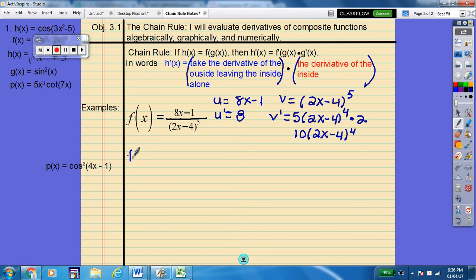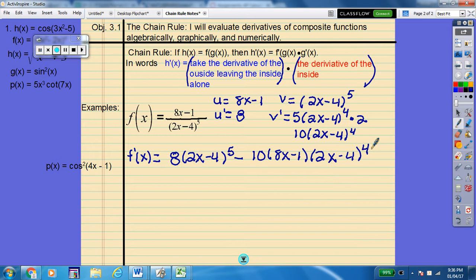So the derivative is going to be 8 times 2x minus 4 to the 5th power, and I'm going to subtract u times v prime. Technically I'll put the 10 first because the order doesn't really matter since it's multiplication. I'll put 10 times the quantity 8x minus 1 times the quantity 2x minus 4 to the 4th power.